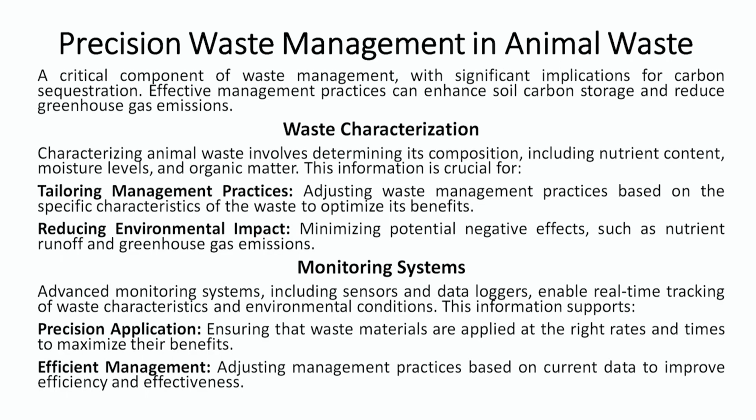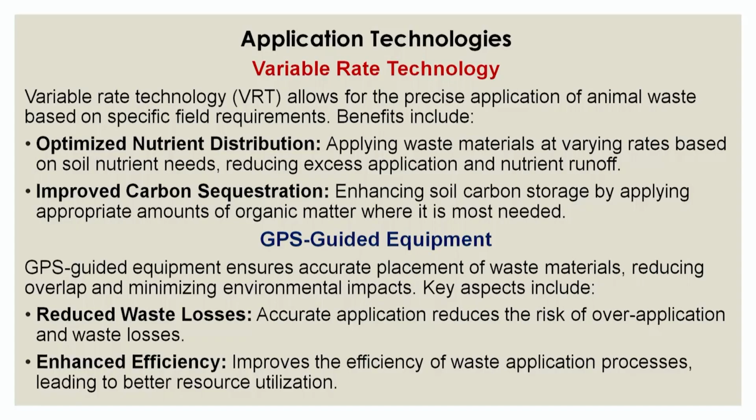Then the monitoring system. Advanced monitoring systems, including sensors and data loggers, enable real-time tracking of waste characterization and environmental conditions to support precision application and effective management, by adjusting the management practices based on current data to improve efficiency and effectiveness.